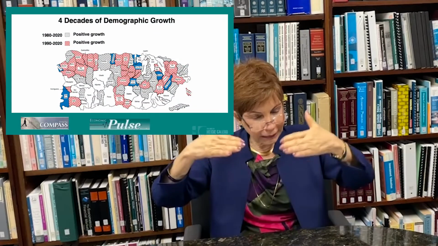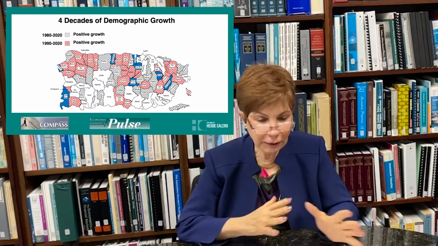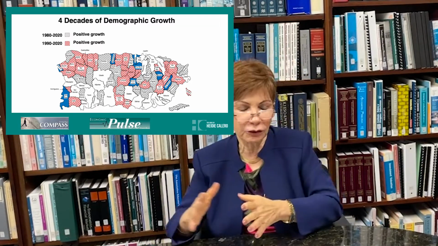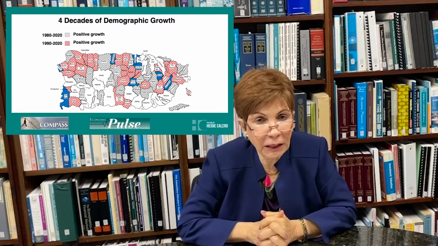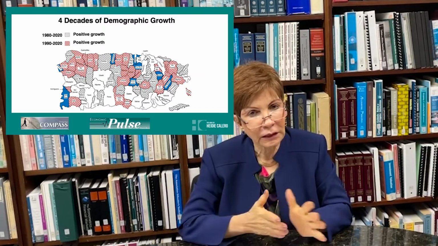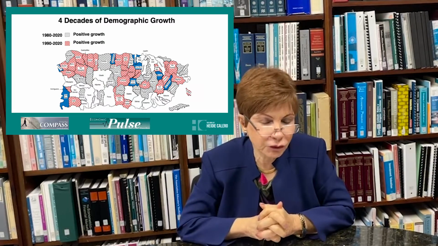Let's look then at the second map, where we are depicting 4 decades of economic growth. And this time we're going to go gradual. 1980 population compared to 2020. Those are the diagonal gray patterns that you see there in the map.